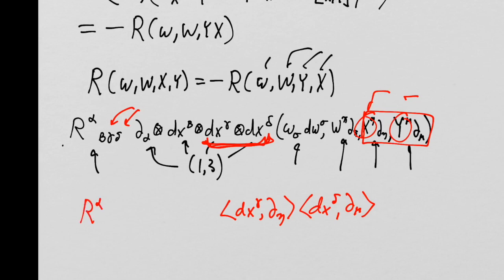So you'll end up with R alpha beta gamma delta x nu y mu. But these two guys will give you delta functions because of the way they're constructed. This will be delta gamma nu and delta delta mu. And that'll turn this nu and mu into gamma and delta. So you'll end up with gamma and delta up there.